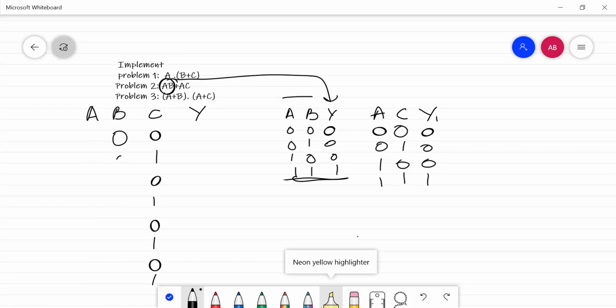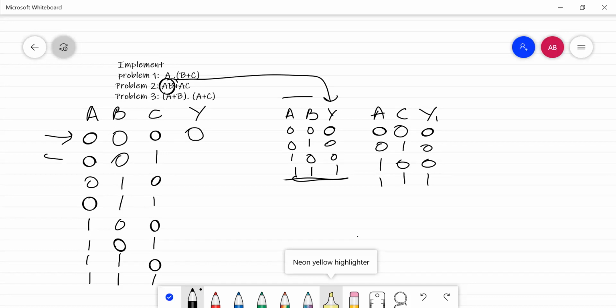Here you can see that whenever I have AB as 0, AC is also 0. So when both inputs are 0, output will be 0.